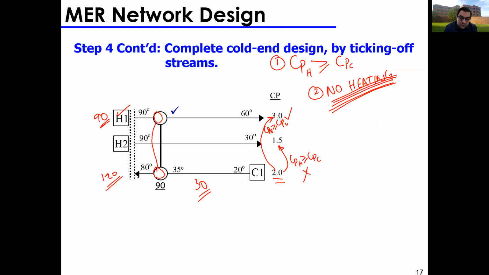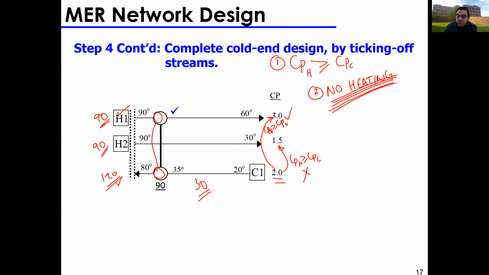Okay, so now I've basically provided 90 units of energy for this stream, and I have 30 units of energy left. So how do I do it? If you think about it, this stream is satisfied. This stream needs 90 to 30, that's 60 multiplied by 1.5. So this stream requires 90 units of energy, and this stream requires 30 units of energy.